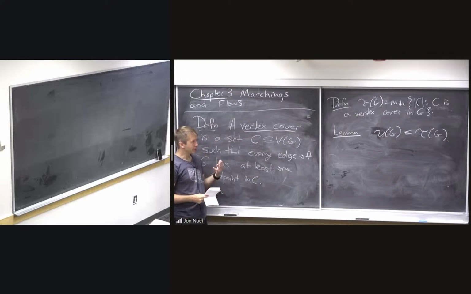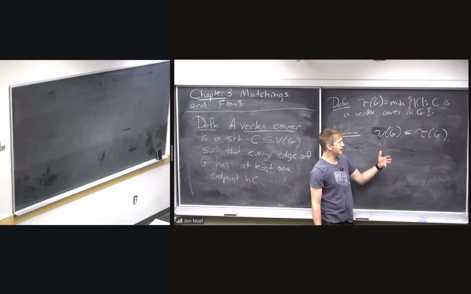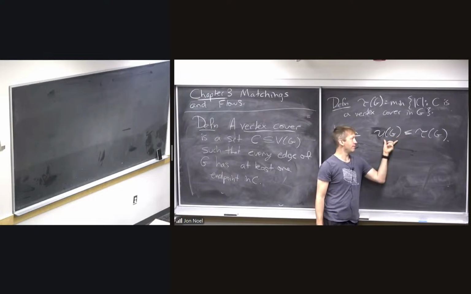And you should think of this like linear programming duality. When you have a maximization problem for a linear program, the dual is a minimization problem, and they kind of meet in the middle. This one is an inequality, not an equality, but it's the same kind of idea.